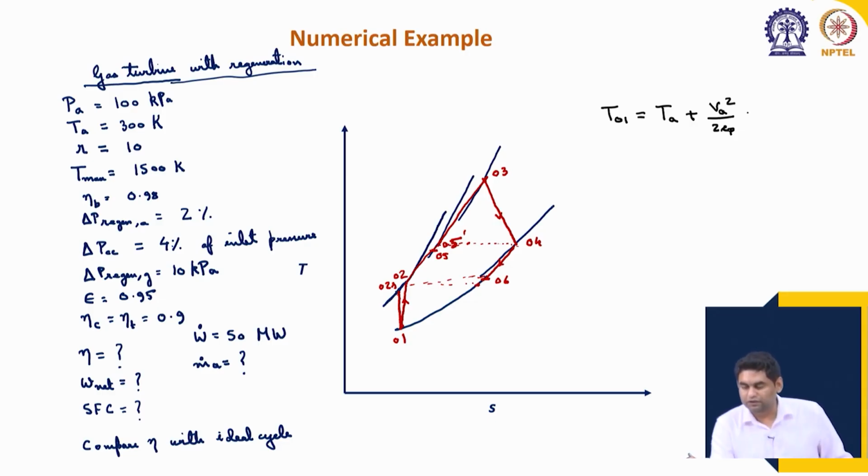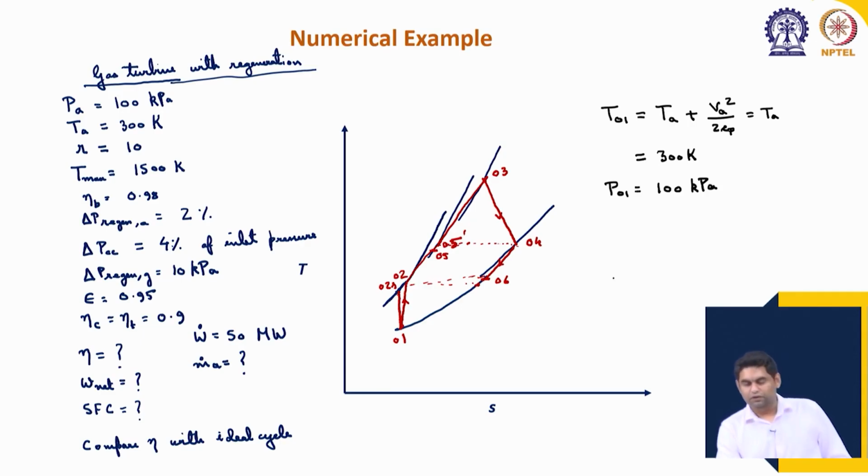So, T01 equal to Ta in this case, which is already given to us as 300 Kelvin. Okay. This is the inlet stagnation temperature, which is equal to the ambient temperature in this case. Similarly, P01 also will be in this case equal to Pa, which is equal to 100 kPa.